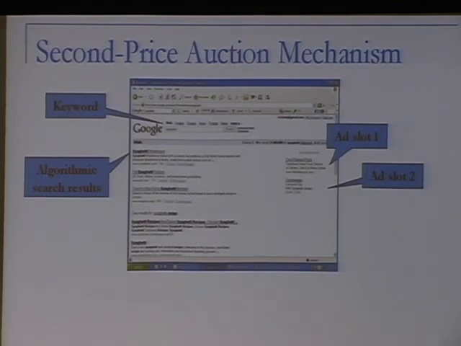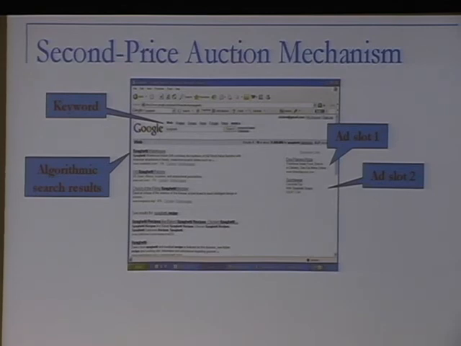So we have a web page. Let's focus now on search. And so whenever somebody searches for a keyword, we get some algorithmic search results, which appear underneath the keyword. And on the right-hand side, or sometimes underneath or above the algorithmic search results, we get some ad slots. And it's these ad slots that are sold through the auction mechanism.